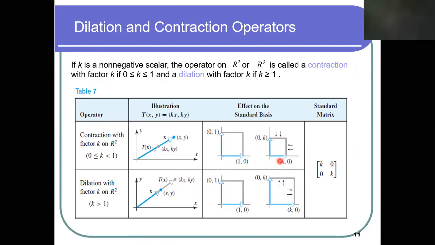In contraction it decreases because k is between 0 and 1, but in dilation k is greater than 1, so it will be stretched and its length will increase. In both cases the standard matrix will be k 0 and 0 k. On the x-axis it is k 0, and on the y-axis it is 0 k.